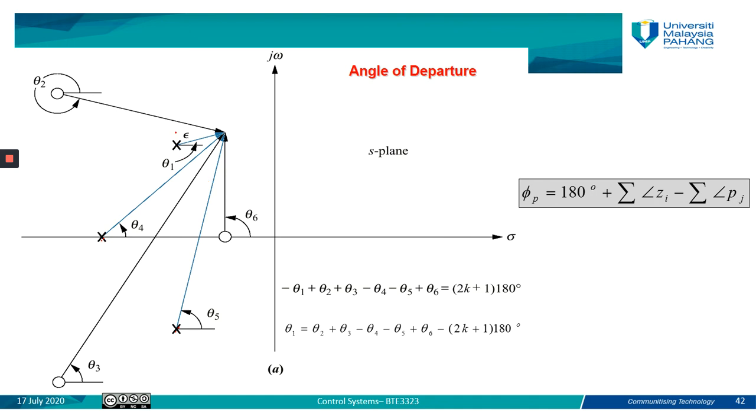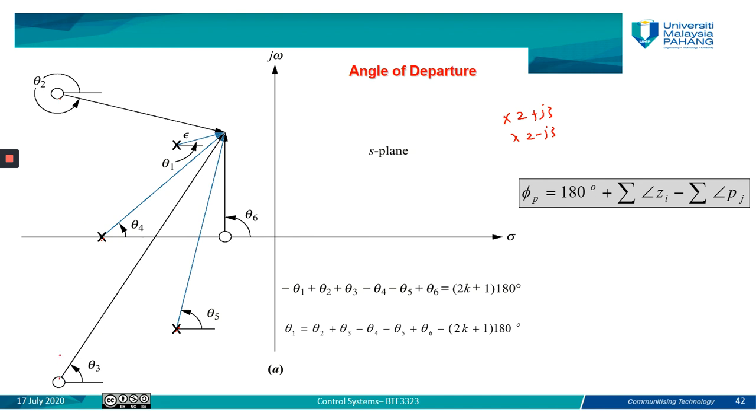Here we have another pole, and since our root locus should be symmetric around the real axis, if you have a pole here, for sure you have a pole here. For example, if you have 2 plus j3, you must have 2 minus j3. You cannot have one complex pole only. So it is always in pairs. And you have a zero here, and likewise a zero on the other side.